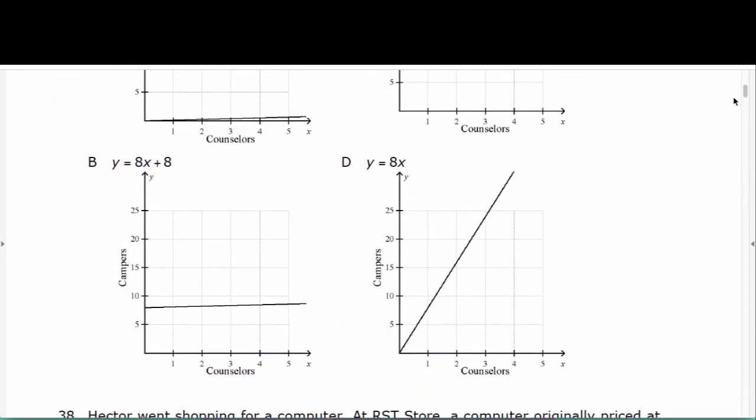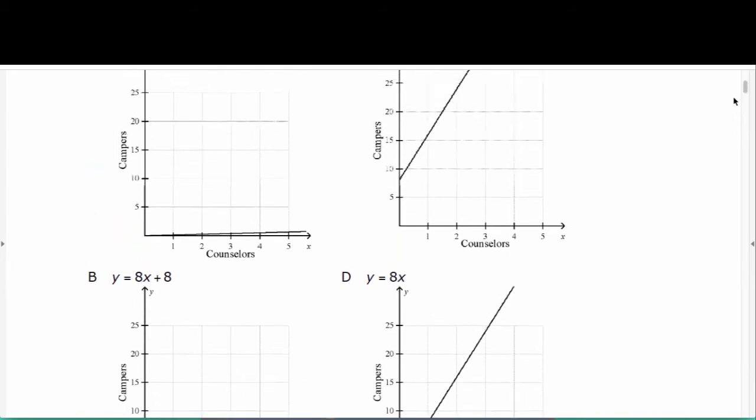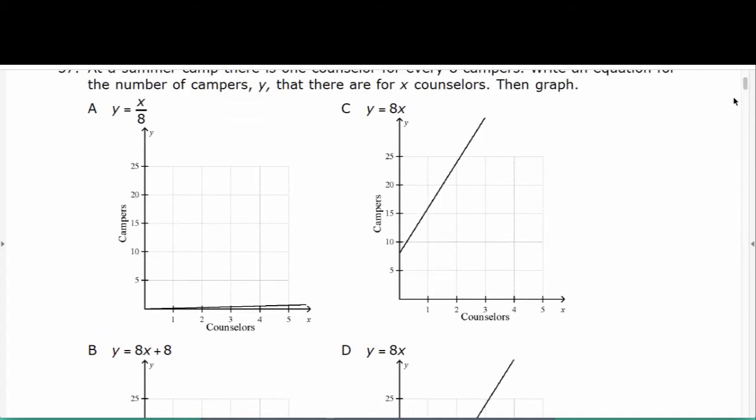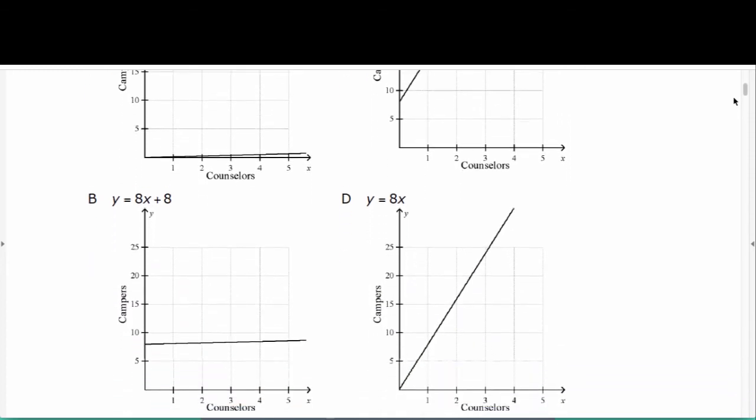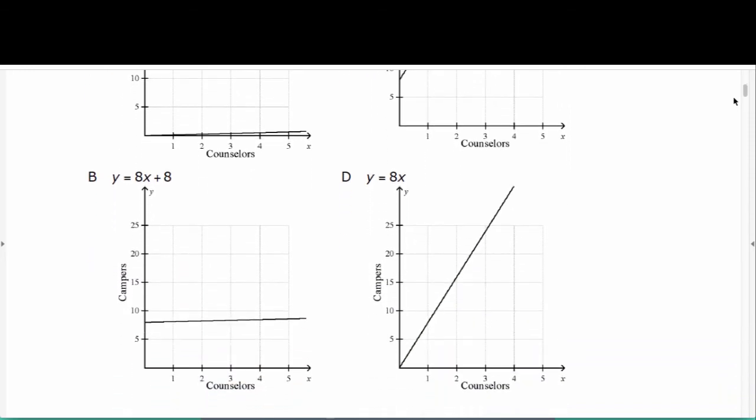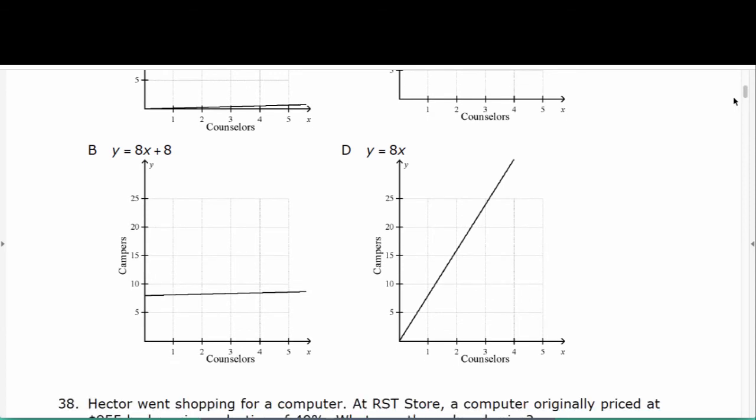B. y equals 8x plus 8. C. y equals 8x. D. y equals 8x. If you need help with any other parts of the graph, please raise your hand.